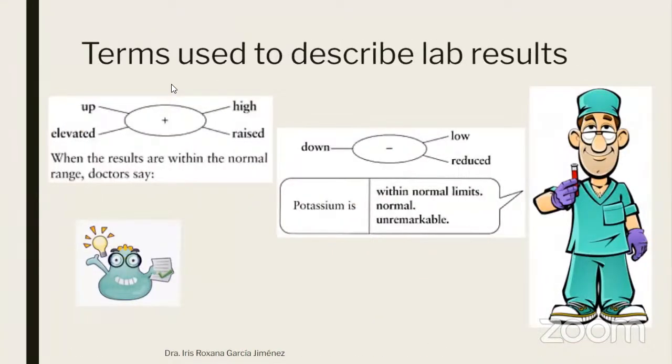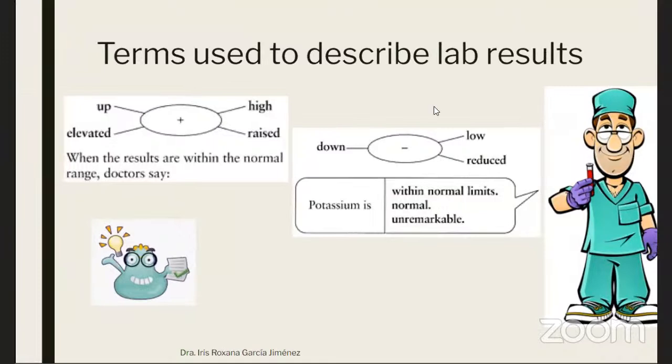Then we got these specific terms. When we have to describe the lab results as doctors, we have expressions, right? For example, when results are within the normal range, the doctor says, for example, potassium is within normal limits, potassium is normal, potassium is unremarkable.